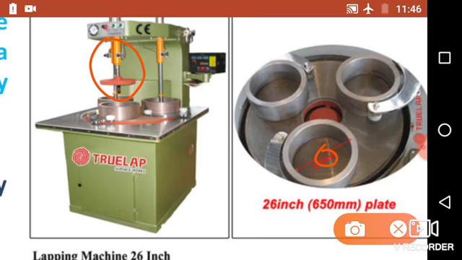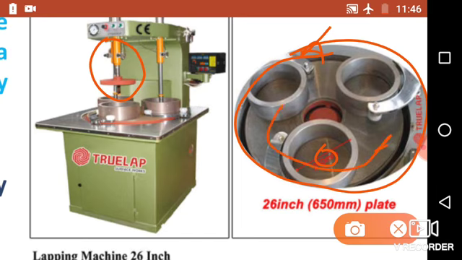So after placing the workpiece inside the ring, the lap tool is placed against that workpiece, and then this drum rotates. Okay, and at the bottom of this drum or this surface, there is an abrasive surface.